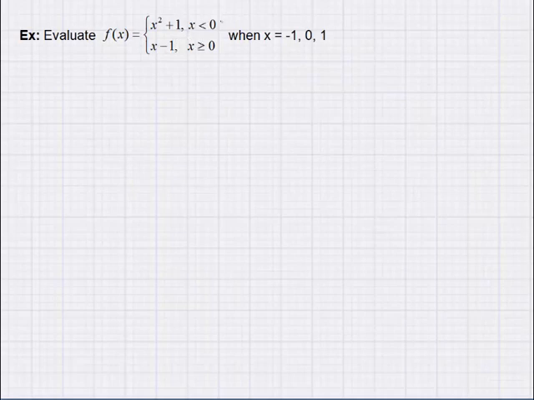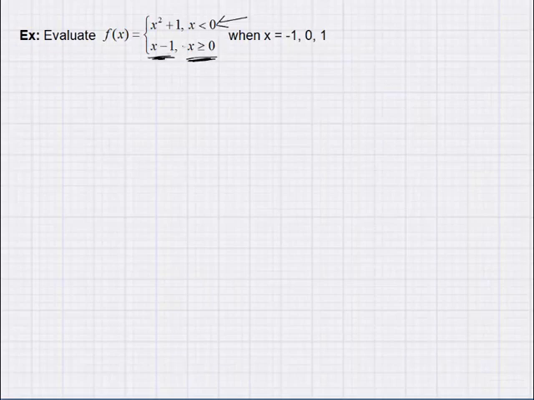If you look at this one, x squared plus 1 is one of the functions. That only works if x is less than 0. So if the domain is less than 0, that's when you will use this piece. This other piece here, x minus 1, has a domain of x greater than or equal to 0. So only if x is greater than or equal to 0 will you use this piece.